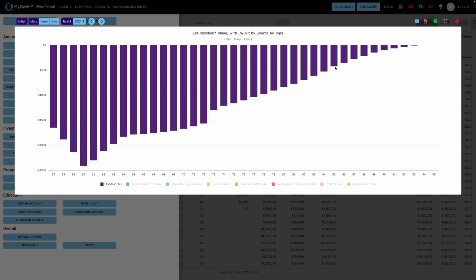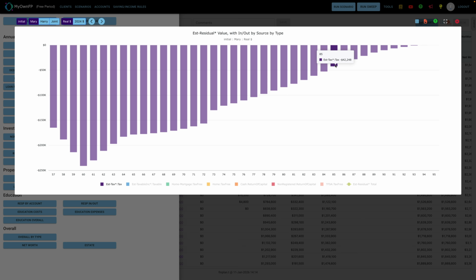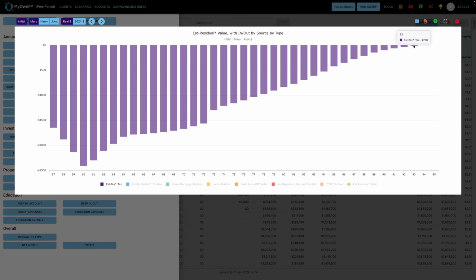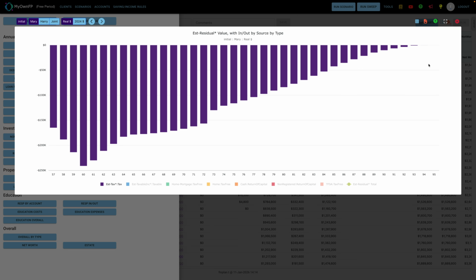If we pass away after 85, we're only paying about $42,000 in tax. So that's not a bad plan, even though we have some amount in our RSP still at that point in time. But it's not a crazy amount of money that we're actually having to pay. So that's not a bad plan.